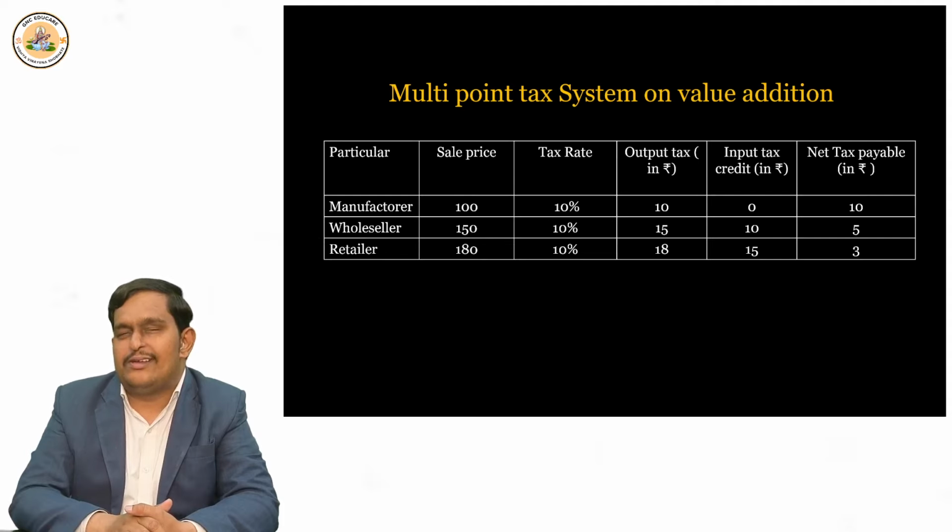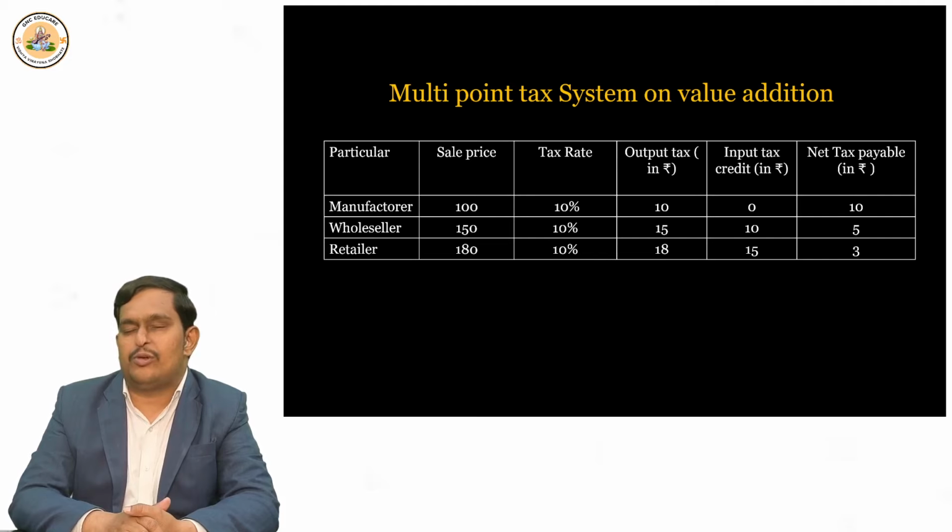So what we do is, we calculate output tax, that is 150 into 10%, 15 rupees. Then we calculate input tax. We already have 10 rupees. So output tax minus input tax, 15 minus 10, 5 rupees will come. This is how we charge multi-point tax system on value addition.